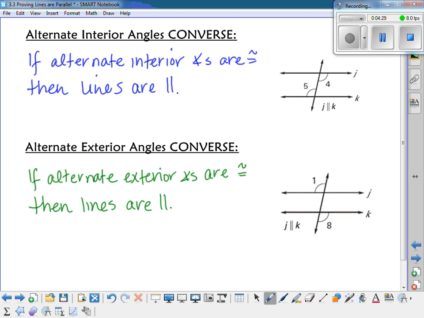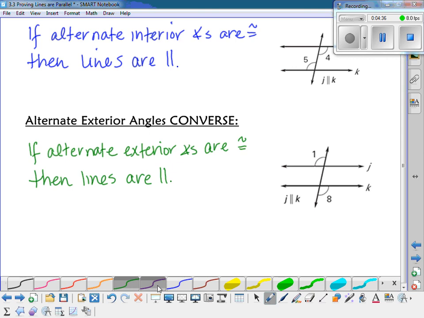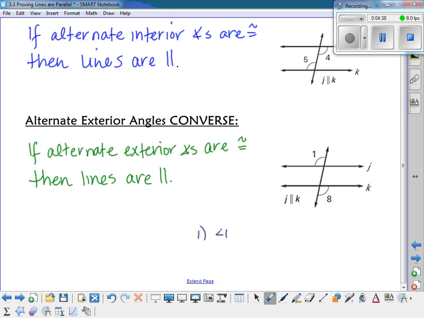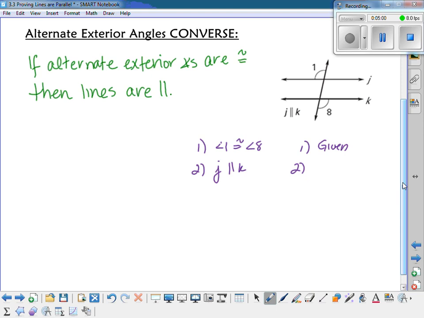Okay, so again, how this would look in a proof is you would first have to state that the angles are congruent. So you would say angle 1 is congruent to angle 8. That was given. And therefore now I can say line J is parallel to line K, in this case by the alternate exterior angles converse. Now if you can't remember if it's the converse or the original theorem, you can just write what you know.